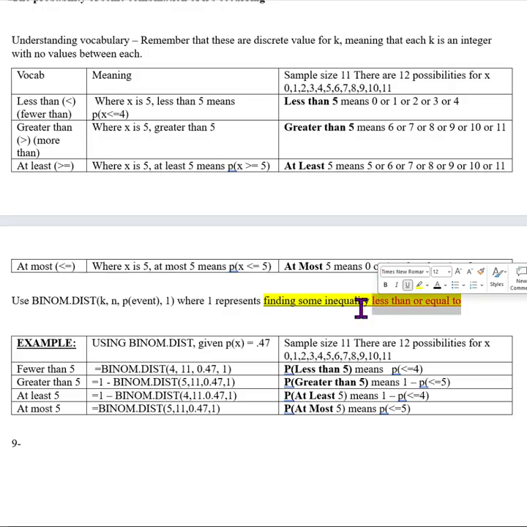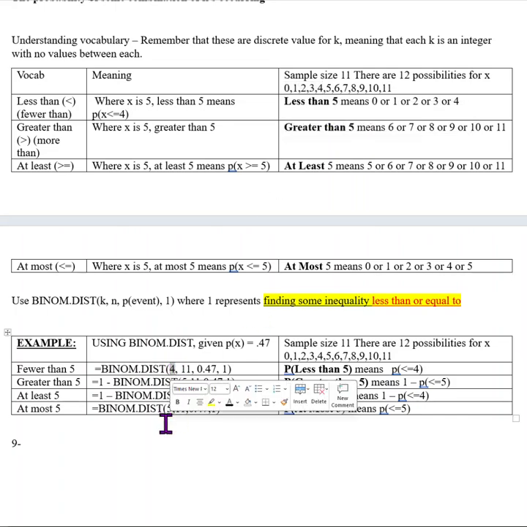Okay, so now let's go back up to fewer than 5. Fewer than 5 meant this. Notice that it doesn't include 5. It is less than or equal to 4. None winning, 1 winning, 2 winning, 3 winning, or 4 winning. So when I write my binomial distribution, I put a 4 in for the k part.